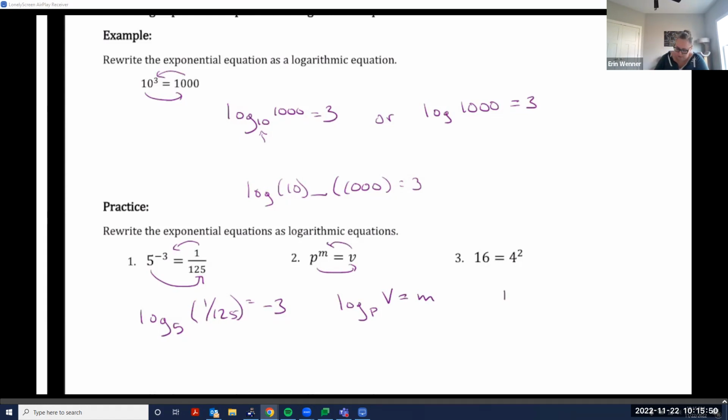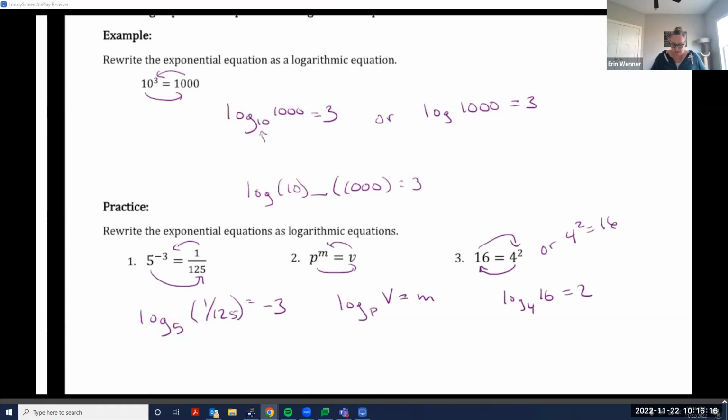So we're going to say log base 4 of 16 equals 2. We always start with the base. If this is uncomfortable for you, you could rewrite it first to 4 squared equals 16, just swap the sides and then convert it into logarithmic format. It's just up to you on what you prefer, okay?